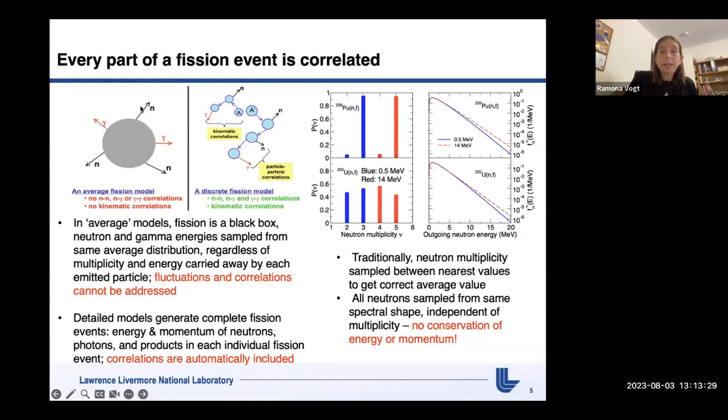So a discrete event by event fission model like Freya will follow every step of the reaction in detail, and so you have correlations automatically included. And another obvious consequence of having a deterministic code is that there's no conservation of energy or momentum.